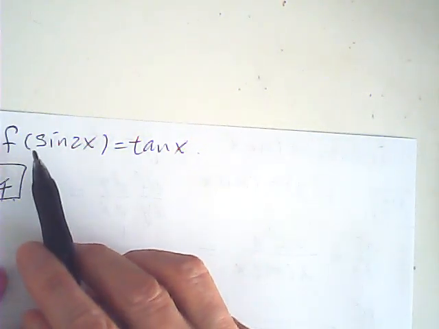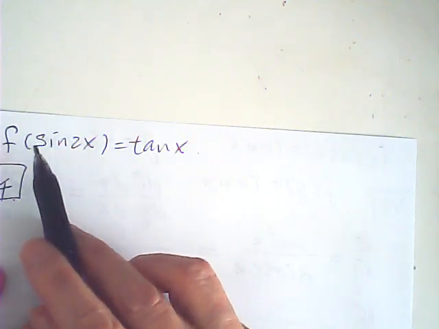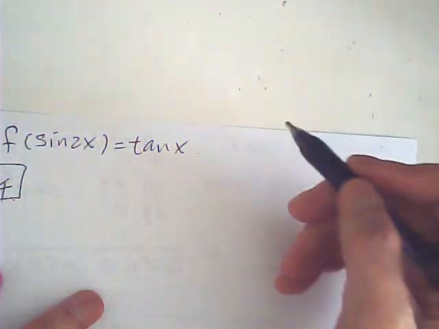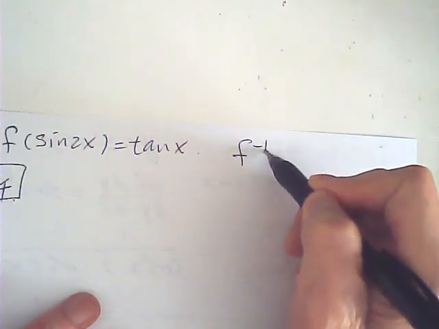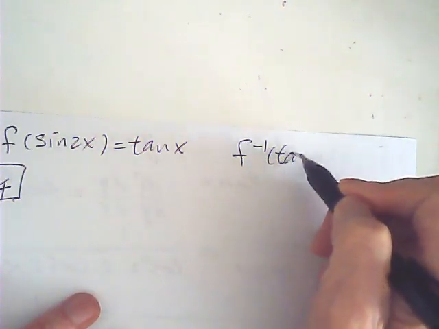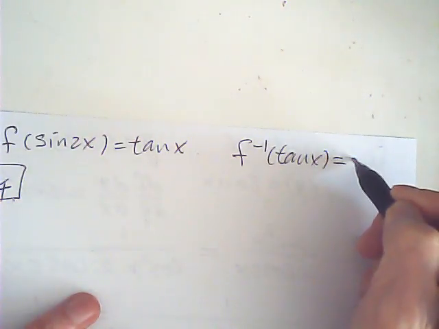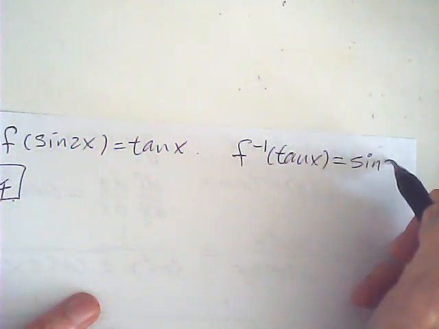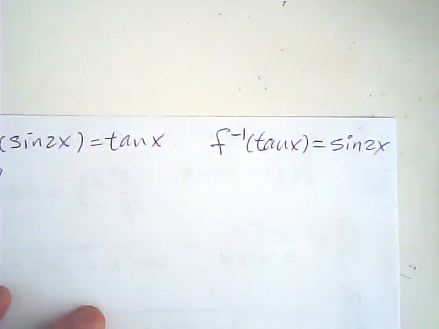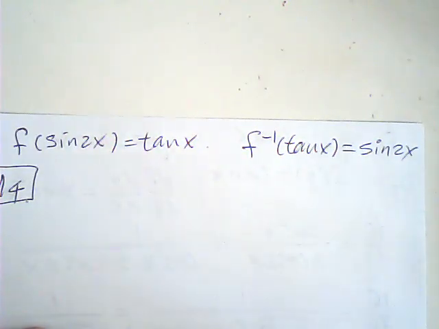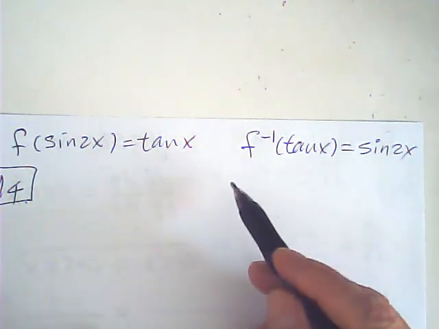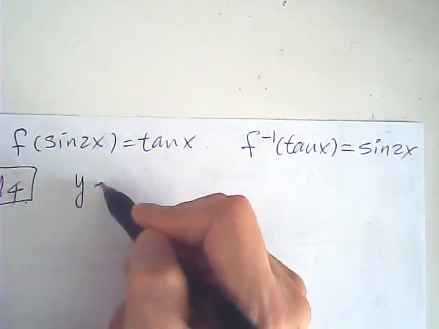This is f of sine 2x is tangent x. Therefore, f of inverse of tangent x is sine 2x. Wow. Now, this time I'll let y be tangent x.